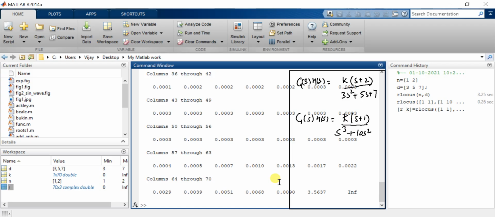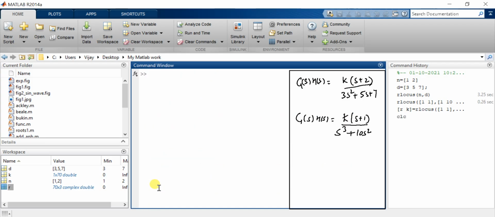So you can take another example. I have considered the n matrix as n equal to 1, since there are no zeros in the transfer function, and d equal to 3, 5 and 6.